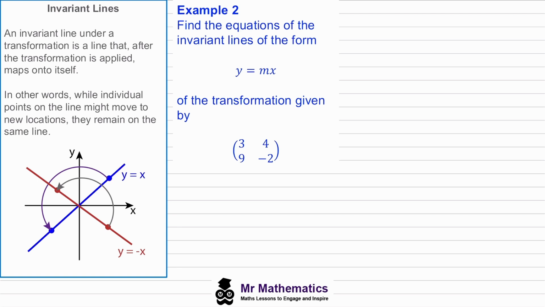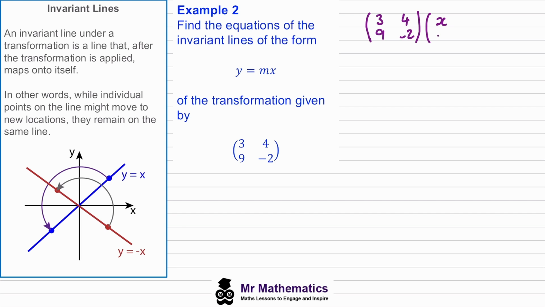And we can use these in our next example. We've been asked to find the equations of the invariant lines of the form y equals mx, where m is our gradient, of the transformation given by this 2 by 2 matrix. The way we go about this, we apply our matrix transformation to the coordinates of our object, and the coordinates of our object lie on the line y equals mx.